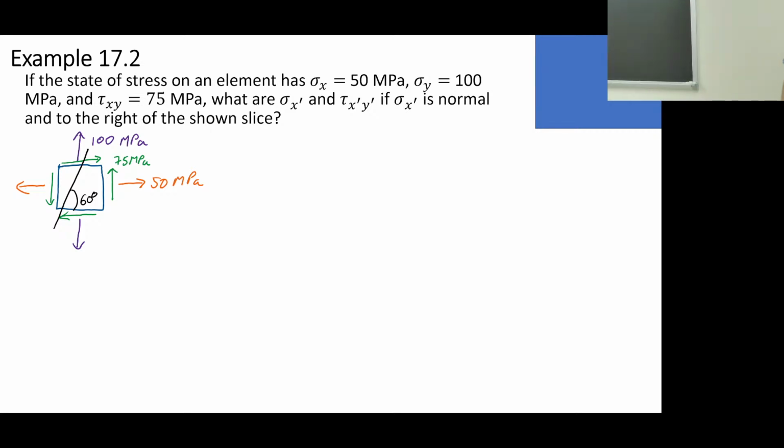So this problem is something you might see where they say you're going to take a slice at an arbitrary angle, just like this angle that you see right here, and we're going to say sigma x prime is normal and to the right of the shown slice. So what in the world is this talking about?